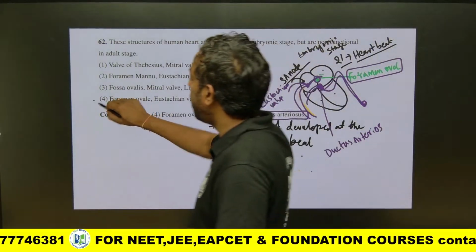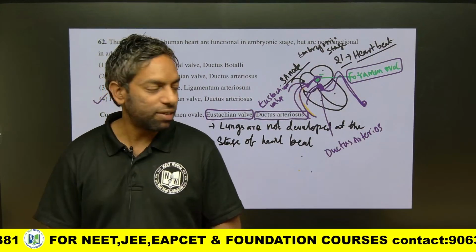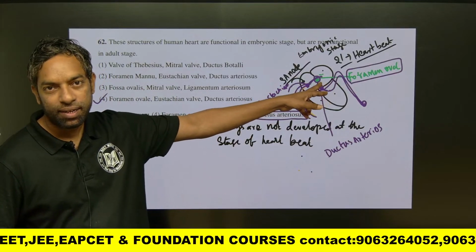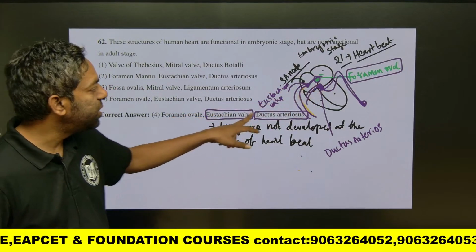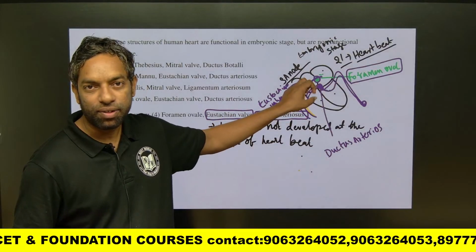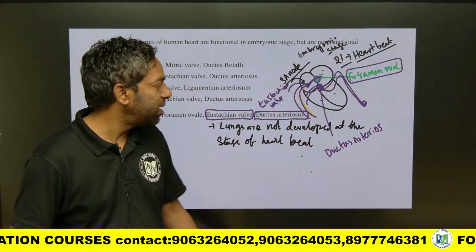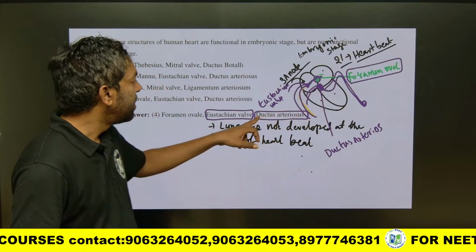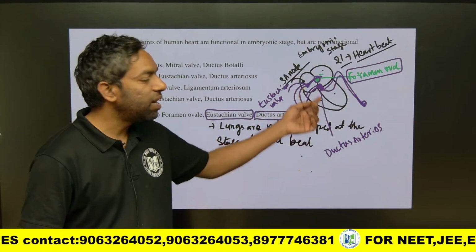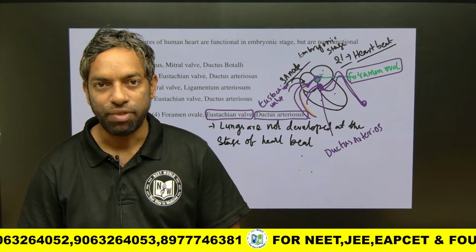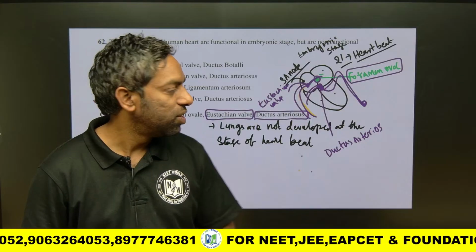So the fourth option is right, because the foramen ovale is between the two atria, the Eustachian valve enters the right atrium and takes oxygen from the mother, and the ductus arteriosus is located at the systemic aorta. This is all about the three.